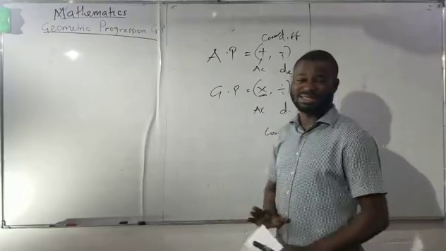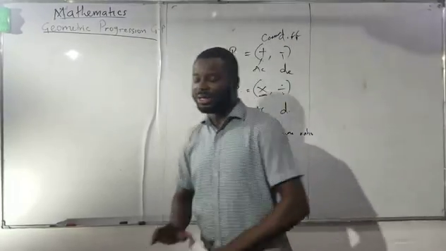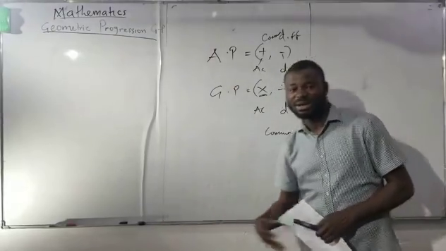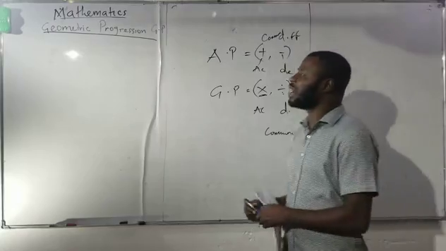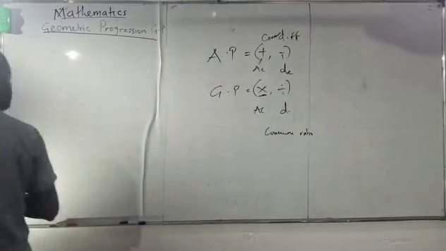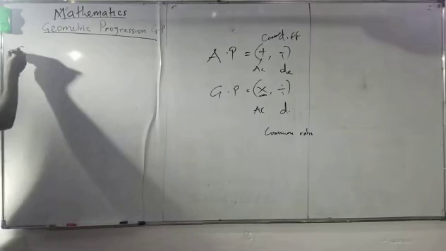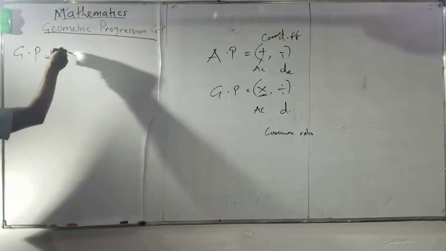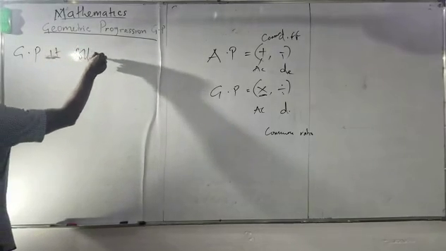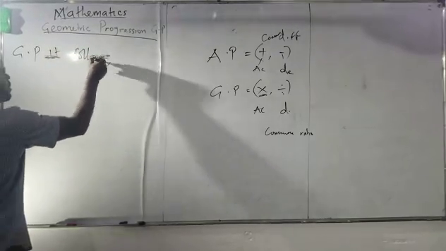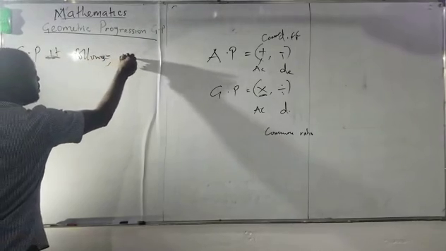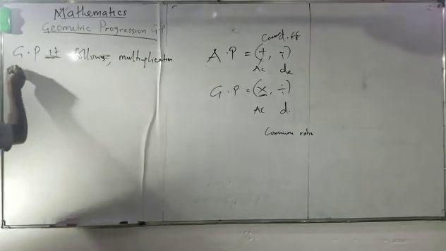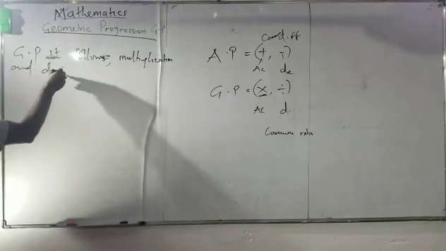Both of them are sequences or series. The only thing is the pattern determines whether it's arithmetic or geometric. When we are talking about geometric progression, known as GP, it follows multiplication and division.